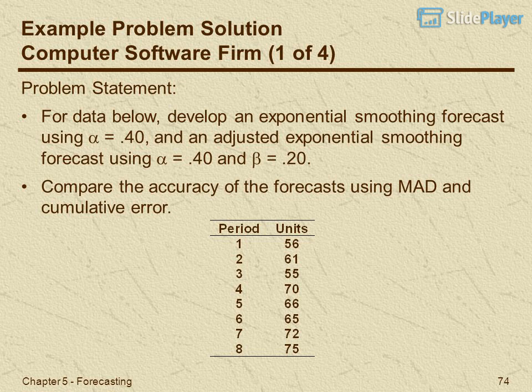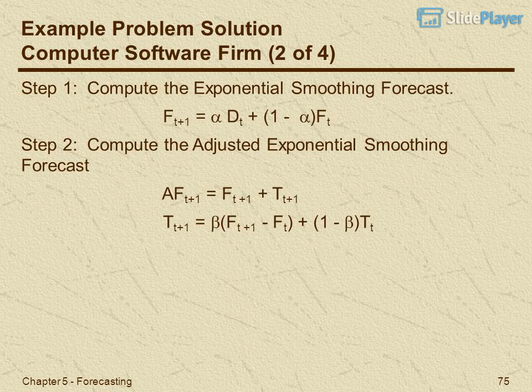Chapter 5, Forecasting. Example problem solution, computer software firm, 2 of 4. Step 1. Compute the exponential smoothing forecast. Ft plus 1 equals alpha dt plus (1 minus alpha) Ft. Step 2. Compute the adjusted exponential smoothing forecast.